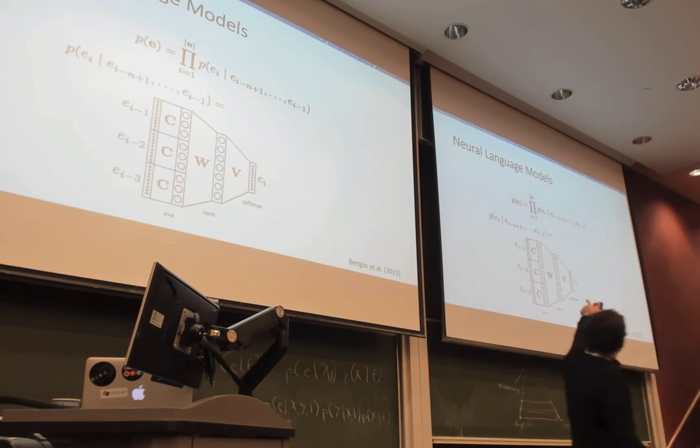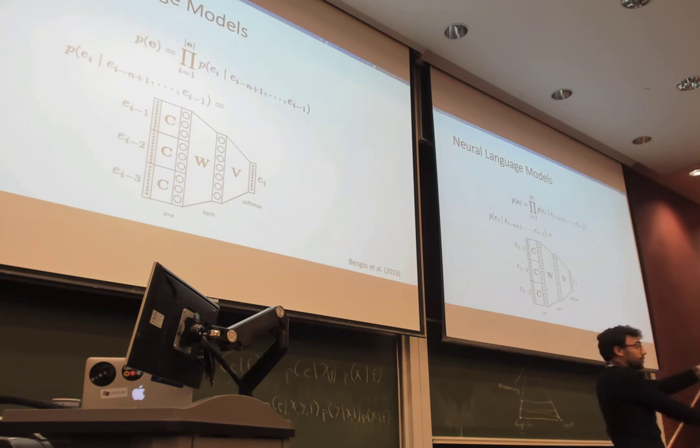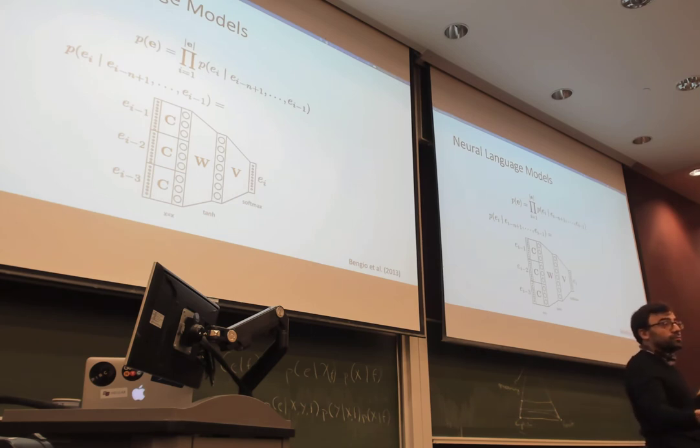For a trigram language model, you can feed in the previous 3 words, or their embeddings, and then make a prediction over the vocabulary about what the next word would be. So that was the first very simple feed-forward neural net, back in 2013.